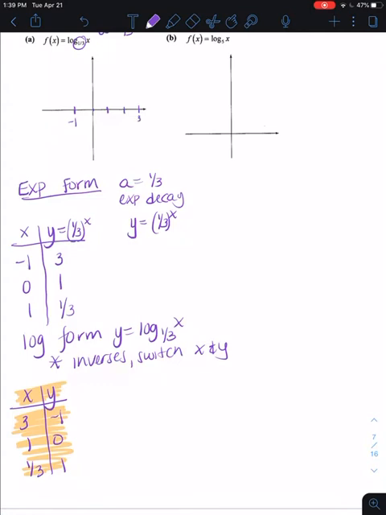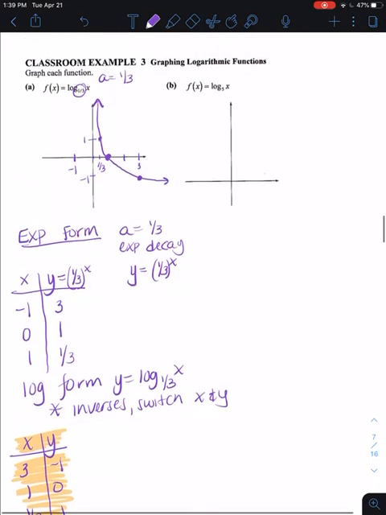So at 3, I have a y value of -1. So we'll say that's here. At 1, the y value is 0. And at 1/3, which would be about here, the y value is 1. So here. All right, so this is your graph. The y-axis acts as a vertical asymptote. All right, so that's the graph.